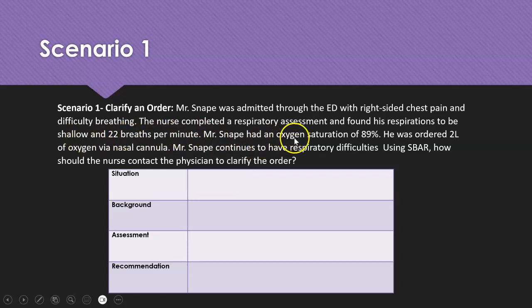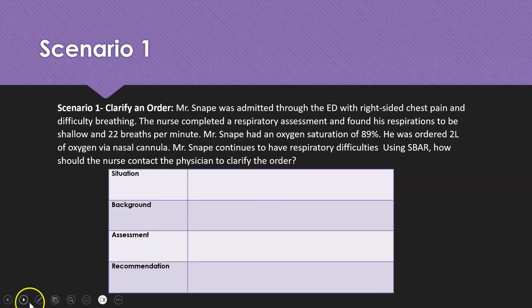Mr. Snape had an oxygen saturation of 89%. He was ordered 2 liters of oxygen via nasal cannula. Mr. Snape continues to have respiratory difficulties. Using SBAR, how should the nurse contact the physician to clarify the order?